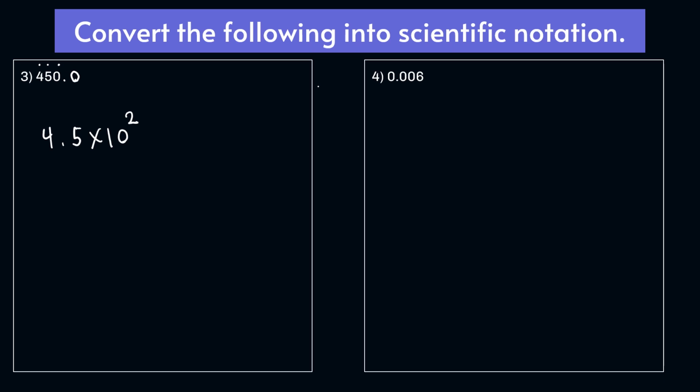So I have here, this will turn into 6.0 times 10 raised to the, we have here 1, 2, 3. So that means I'm going to have a negative exponent of negative 3. And again, you can check that in your calculator to make sure you have the correct answer.